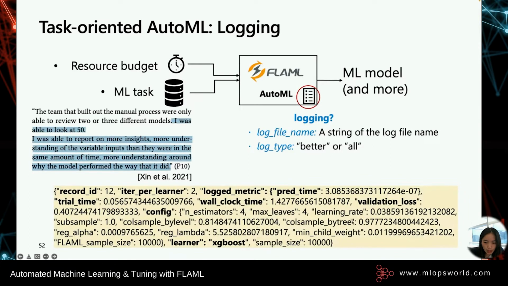For example, you can know the predict time, the trial time, wall clock time, the validation loss, the configuration, the name of the estimator, and so on. For log type, if you choose to use all, it will log all the observations created during the AutoML process. And if you choose to use better, we will only log the better observations at any time point.